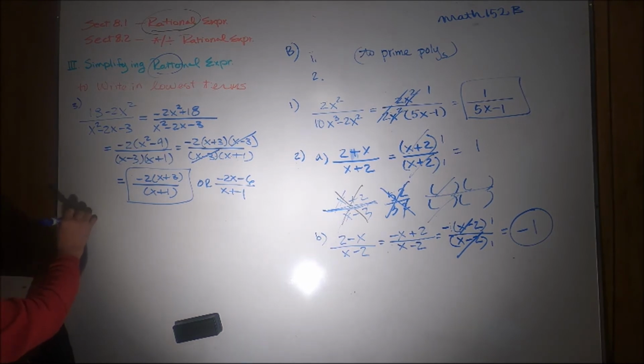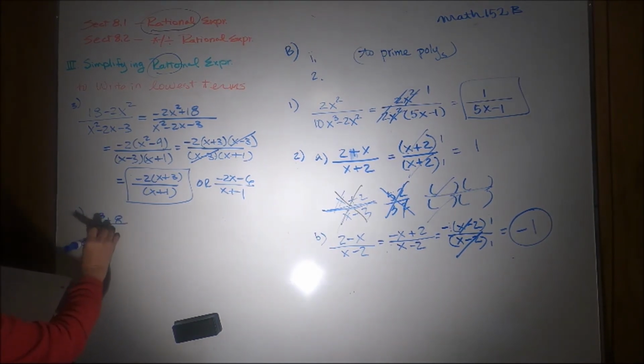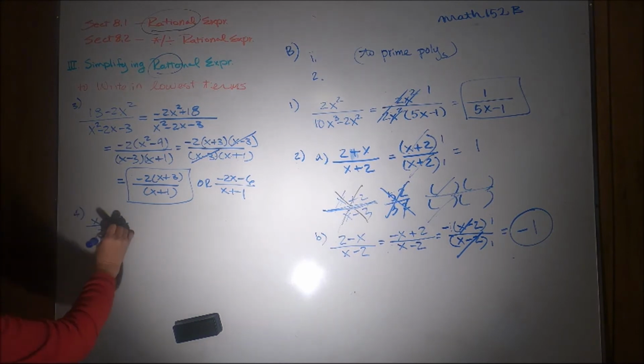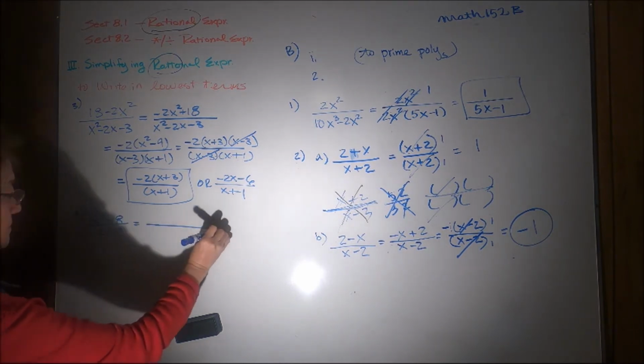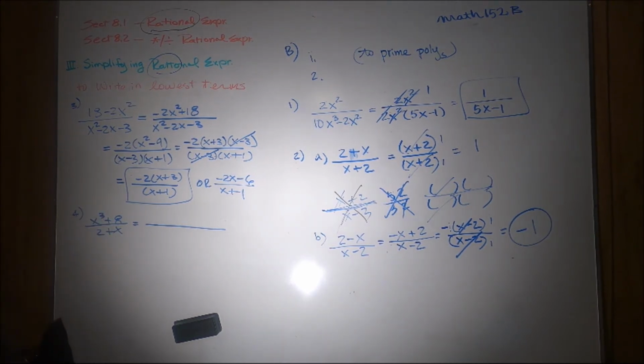Next one, we have x cubed plus 8 over 2 plus x, right? So the top one, can you break it down more? Yes, we say it is the sum of two cubes.